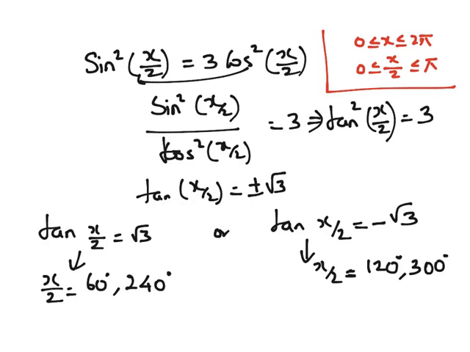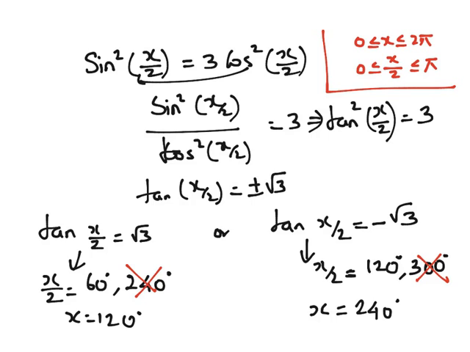So you can't take this and you can't take this. These two are not possible. So obviously x is equal to 120 degrees or x equal to 240 degrees. So this particular trigonometric equation has two solutions.